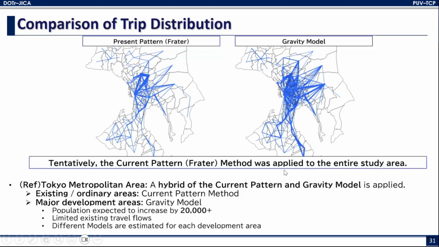So currently I can't work on developing the gravity model for the new town emerging areas. However, in later phases, I may try to develop the gravity model for the new emerging zones in Mega Manila.